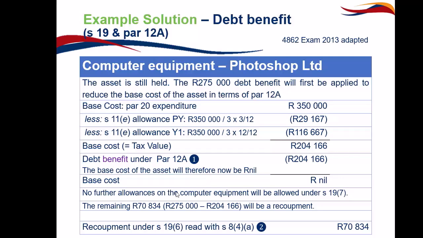Any balance remaining, which is going to be 275,000 less the base cost of 204,166, will be recoupment in terms of section 19.6. And also, I want you to remember what section 19.7 is saying. It says that no further allowances must be granted once you've reduced the base cost to nil.